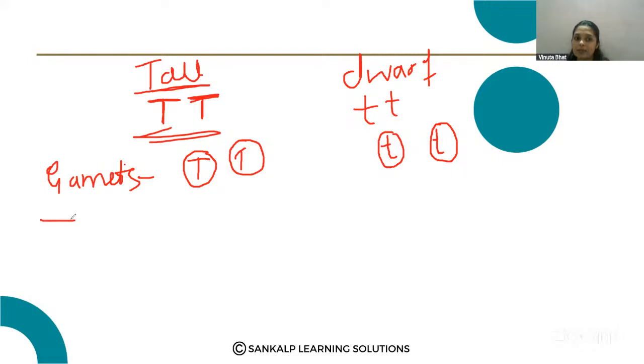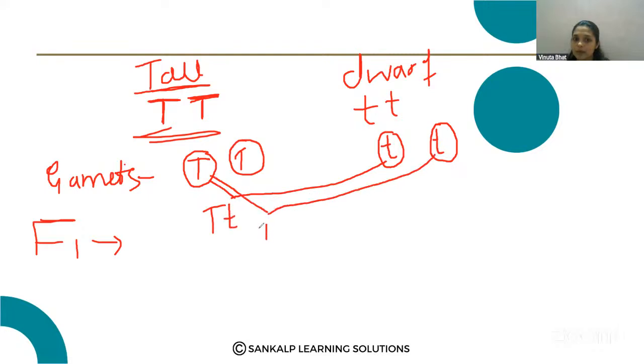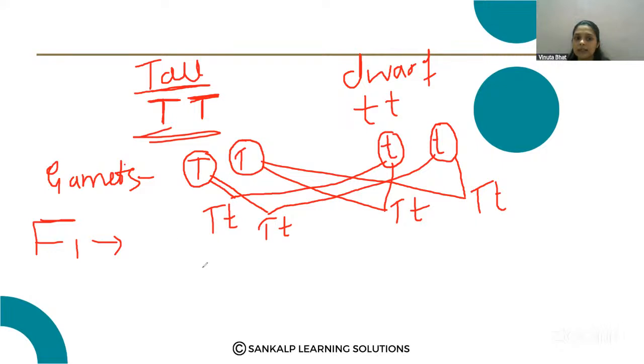And in the F1 generation, what happens? Capital T combines with small t, and again capital T with small t. So what he observed is that in the F1 generation all plants were tall.